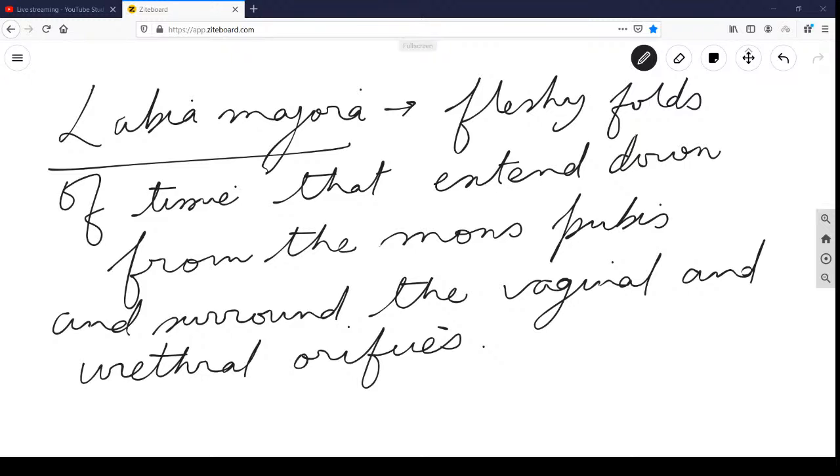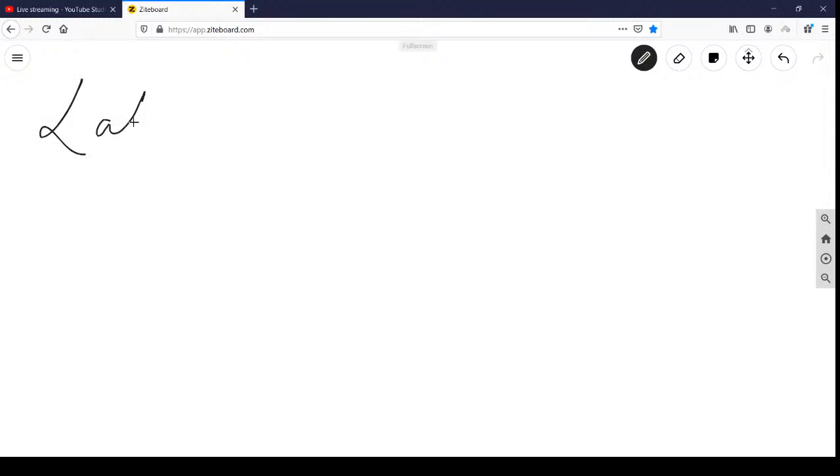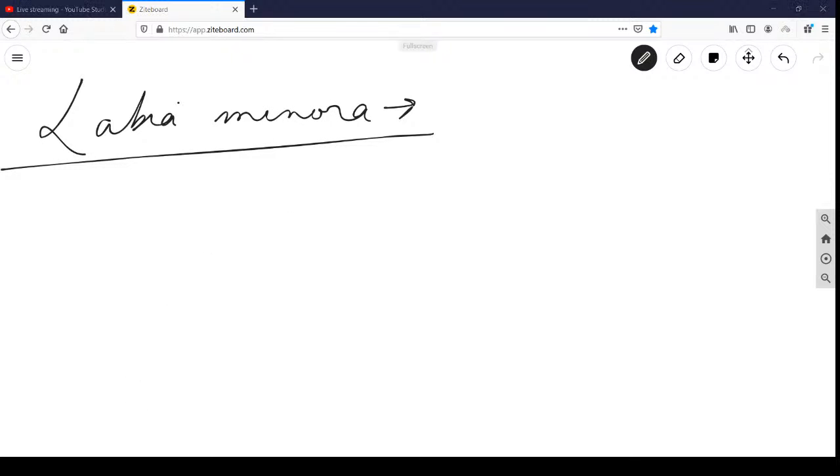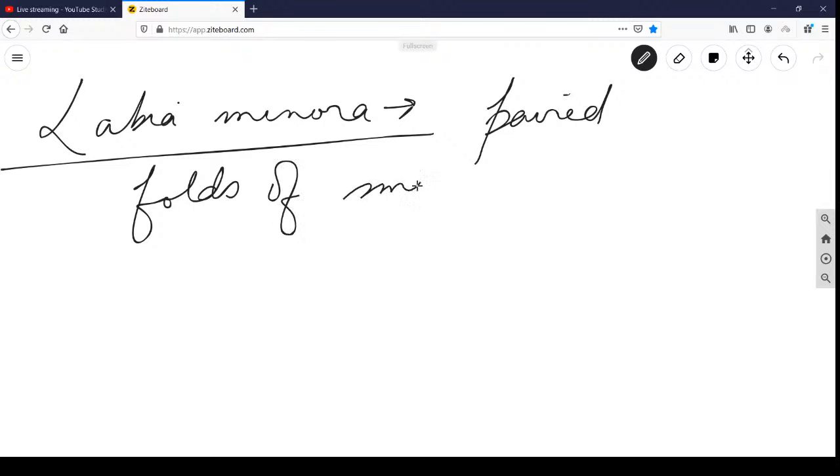Now coming on to the labia minora, which means minor lips. These are paired folds of smooth tissue underlying the labia majora.